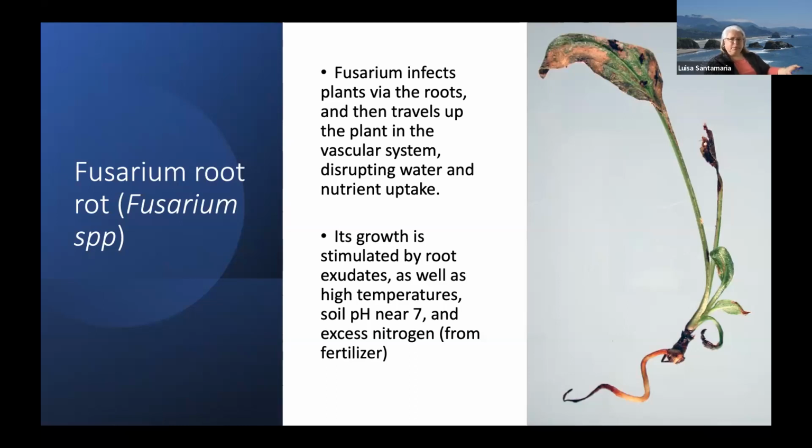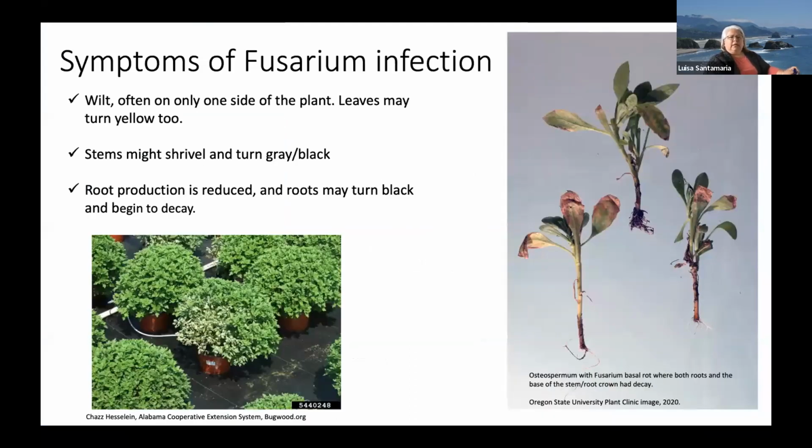Here are more symptoms: wilt, and sometimes we see just one side of the plant with some damage. And here is a nice picture of damage by Fusarium root rot.